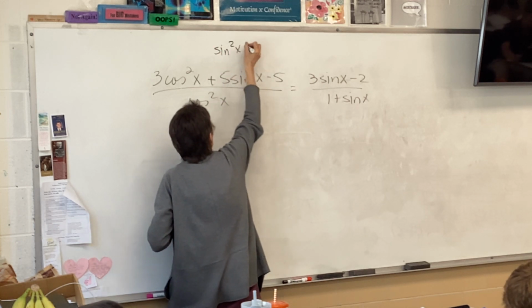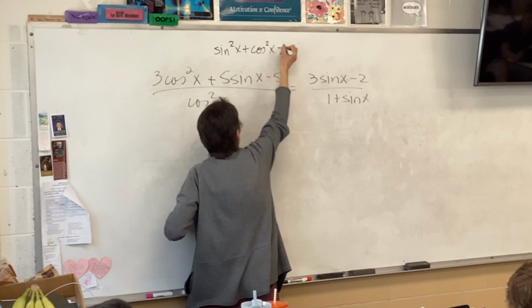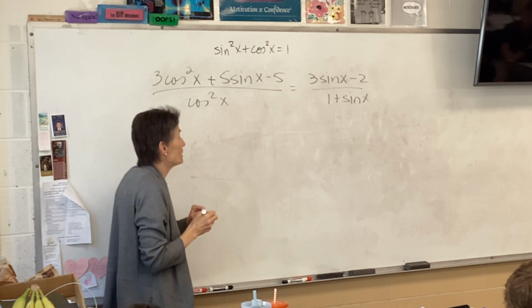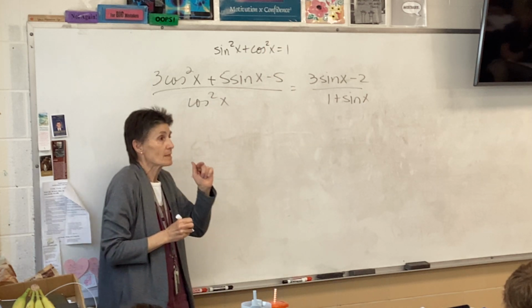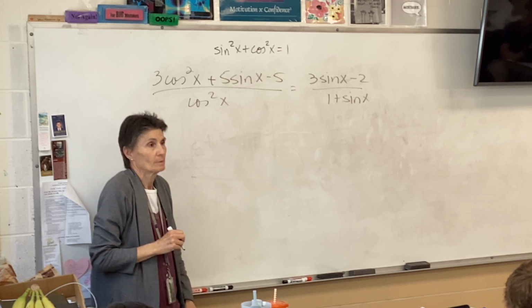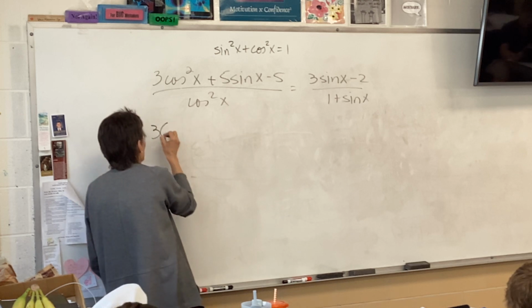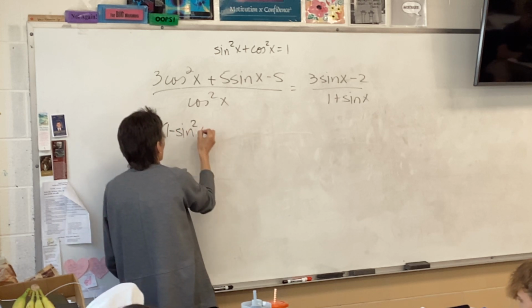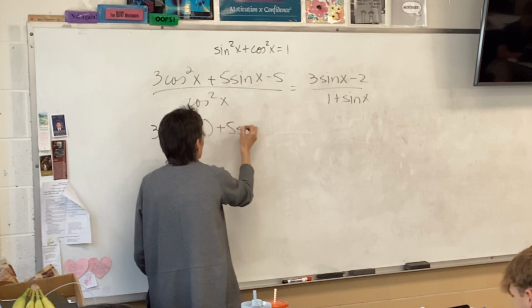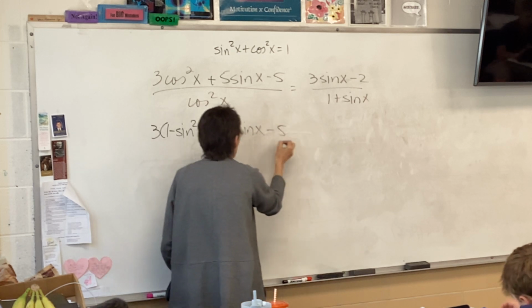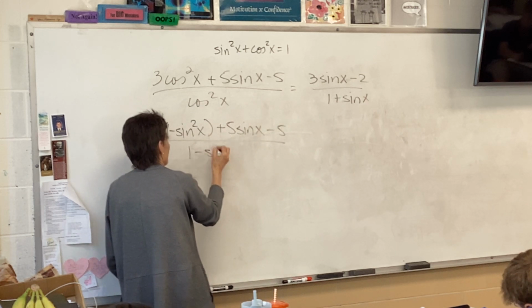Sine squared plus cosine squared is 1. So what is cosine squared? 1 minus sine squared. So I'll just take out the cosine squared and replace it with 1 minus sine squared on the top and the bottom, get rid of it all.